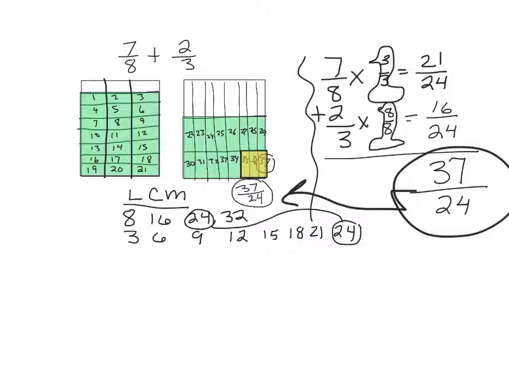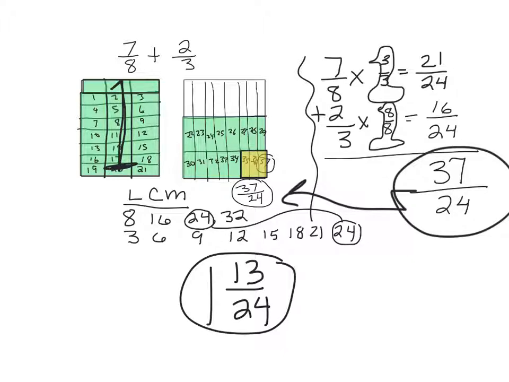I'm going to move them and put them right here. Bam, right there. And now, this is very cool. As you can see, I've got one whole here. So that's one whole. And then I've got 1, 2, 3, 4, 5, 6, 7, 8, 9, 10, 11, 12, 13. So I've got 1 and 13/24, right? So that is the reduced form.